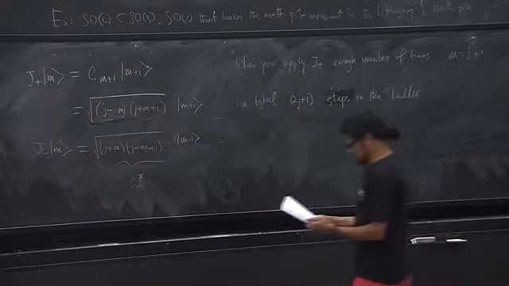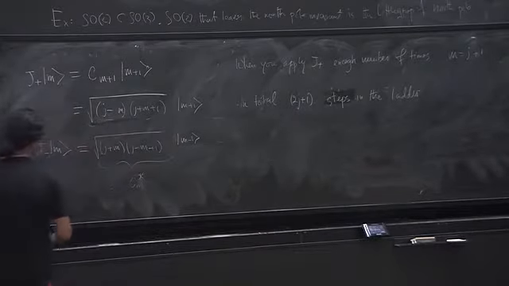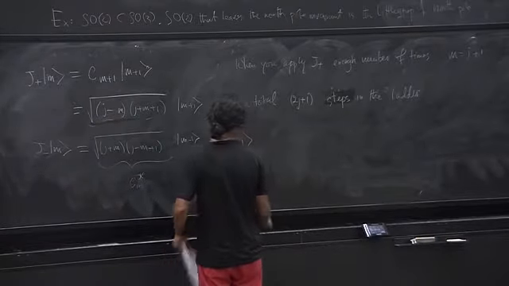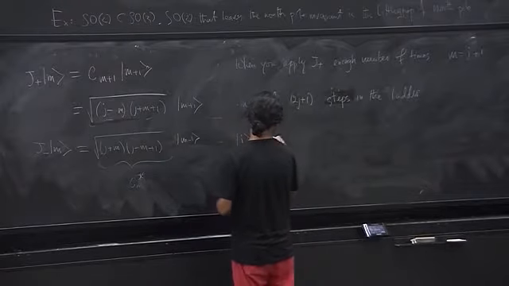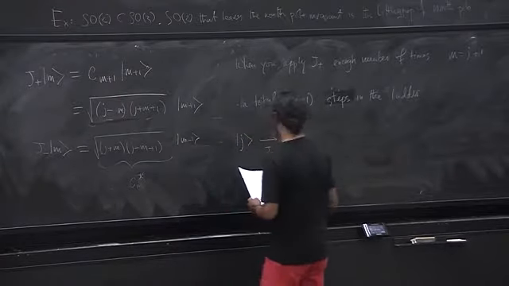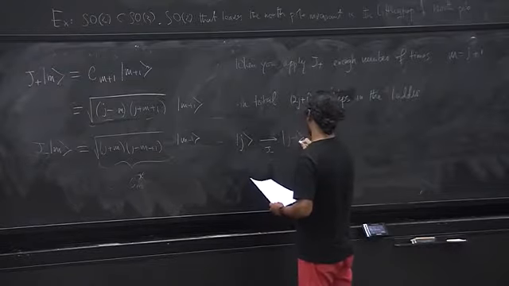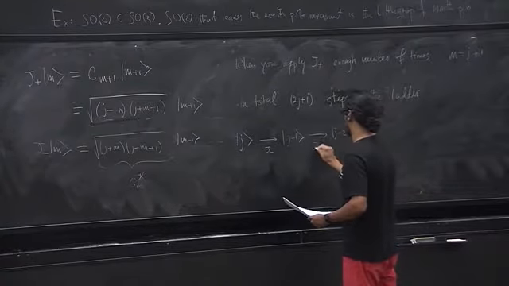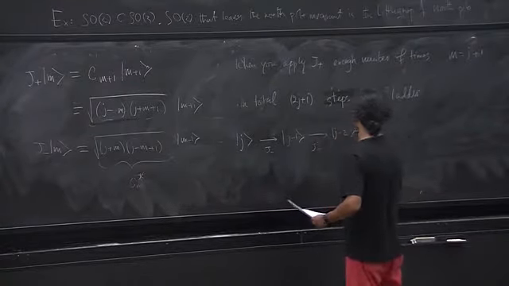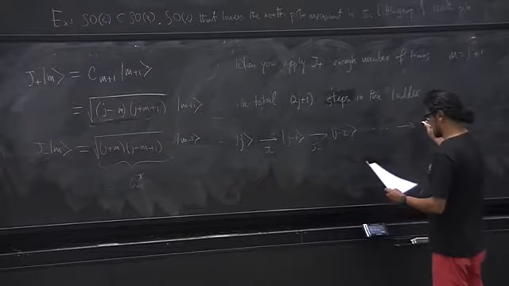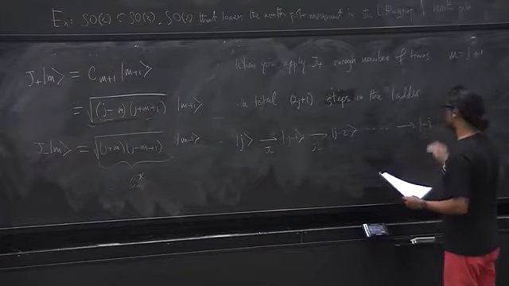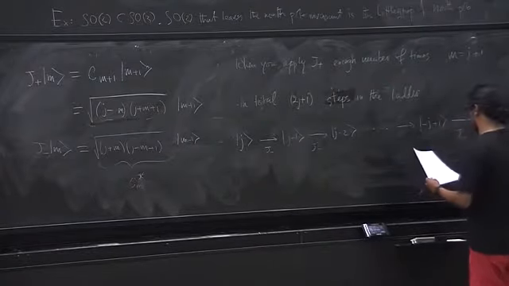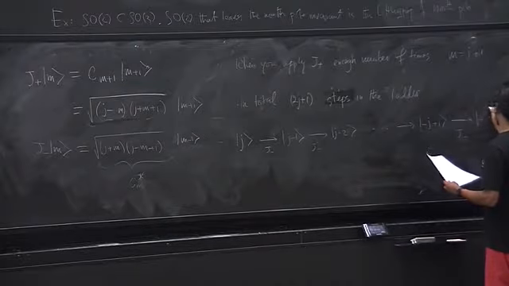So that is going to determine the dimensionality of your representation. Pictorially, I come from j to j minus 1 by applying J minus, and then I go to j minus 2 by applying J minus again, and then until I come to minus j plus 1, and then if I apply J minus again, I get to minus j.